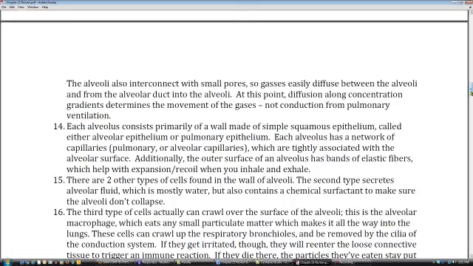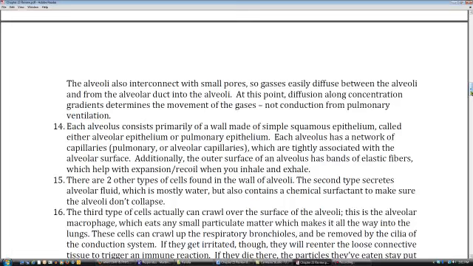Its wall is made mostly of simple squamous epithelium, and each alveolus has its own network of capillaries, which are alternately called pulmonary or alveolar capillaries. You can use either term interchangeably. The capillaries are stuck to the outer surface of each alveolus so that they are a tight connection.